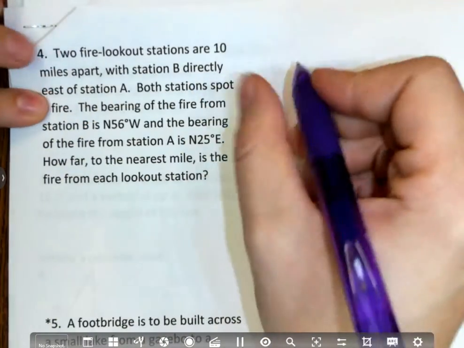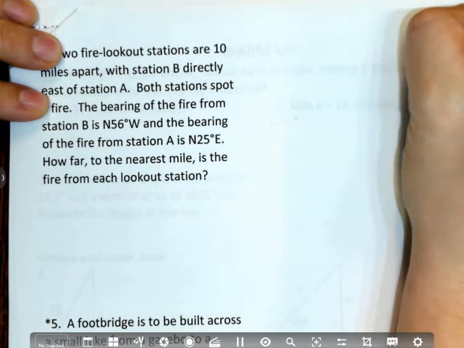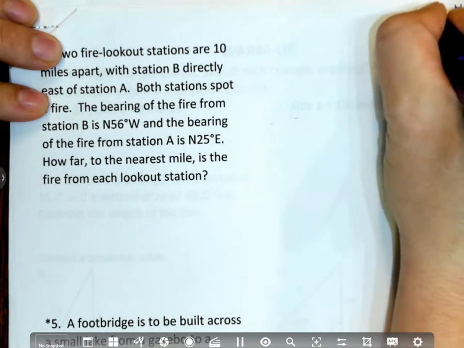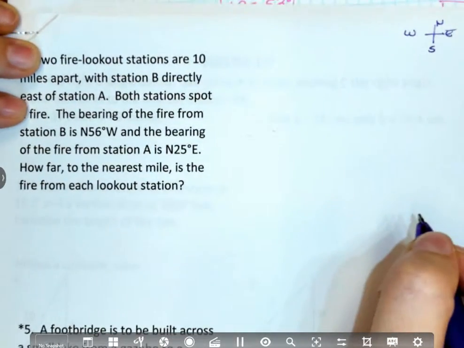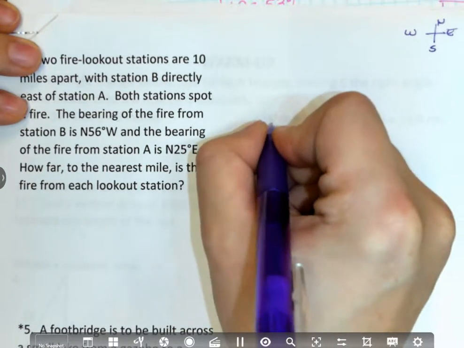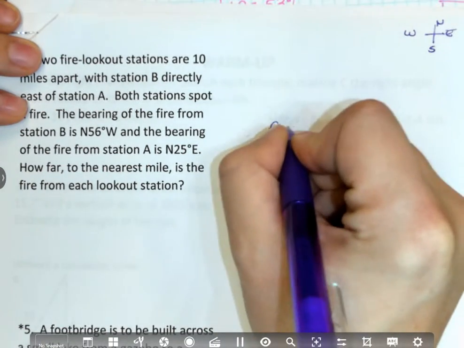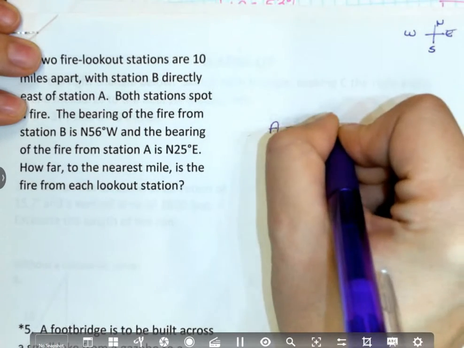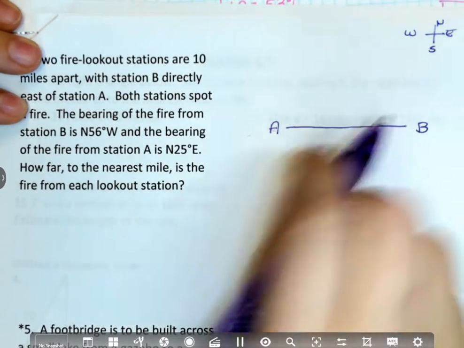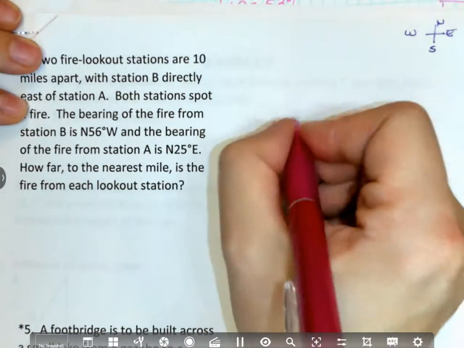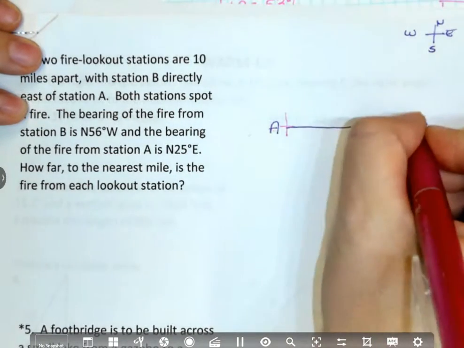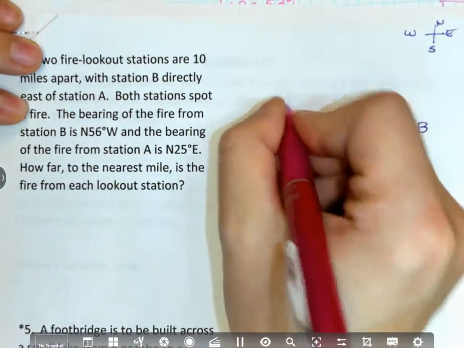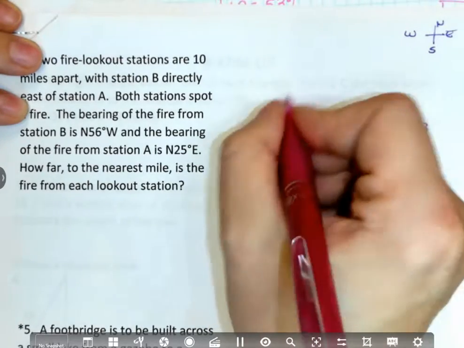Station B is directly east of Station A. So remember, north, south, west, and east. Little guide for you. So I'm going to put A, and I'm going to go east to find B. Now at each of these points, these guys are looking. So I have a little cardinal direction thing.